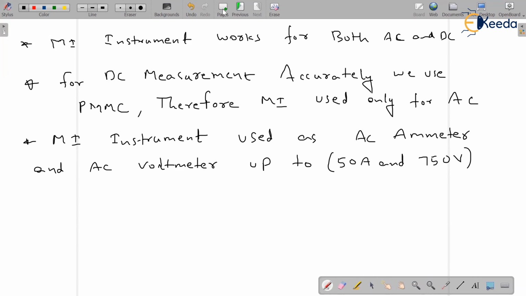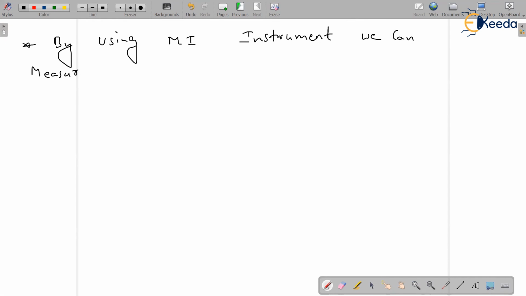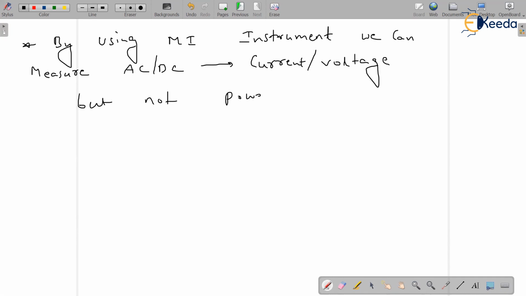The next step, by using an MI instrument, we can measure AC, DC current, voltage, but not power.